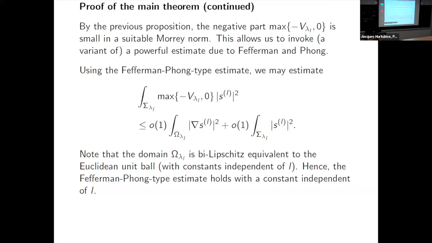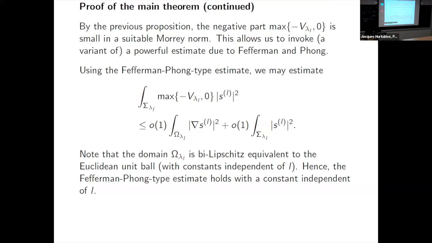The second thing is that even if you can prove such an estimate on a domain, then here you have to be careful, because you have not one fixed domain, but rather a sequence of domains that converges to this polytope. And so then you have to make sure that the constant in the estimate doesn't deteriorate as you send lambda to infinity. But that can be handled because all these domains turn out to be bi-Lipschitz equivalent to a ball.